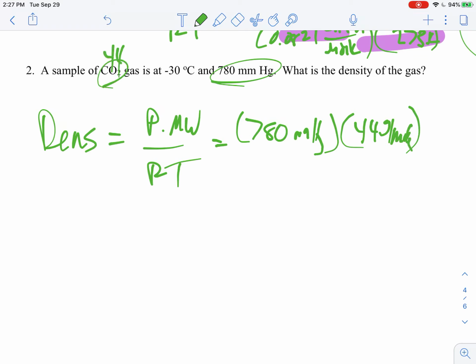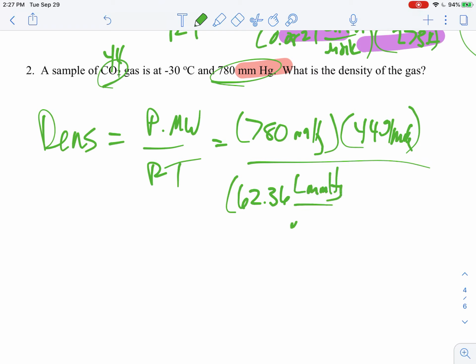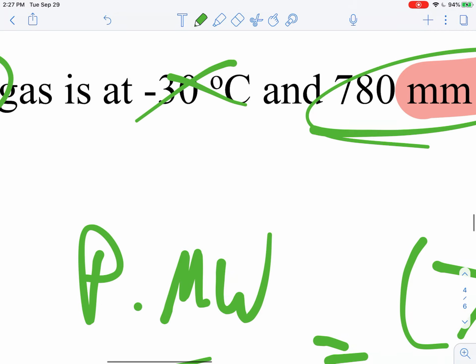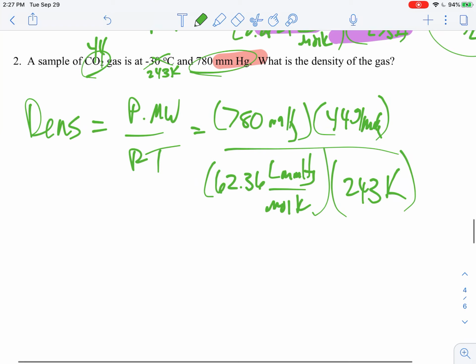So again, that stuff weighs 44. My R is going to be my 62.36 because I am in millimeters. So that's going to be liter millimeters of mercury per mole Kelvin. And then my temperature is 243 Kelvin because I am at negative 30. So 243 Kelvin, that's there.